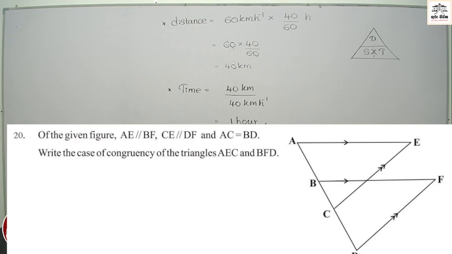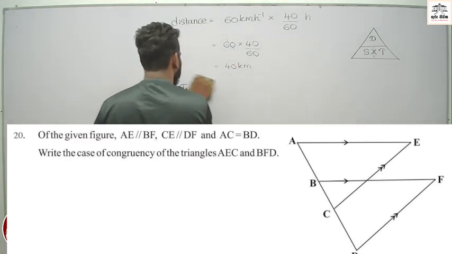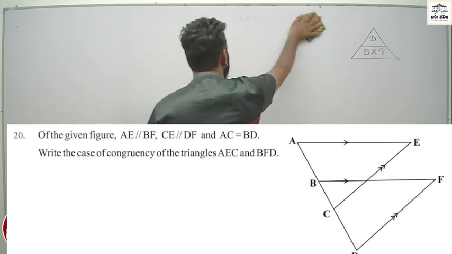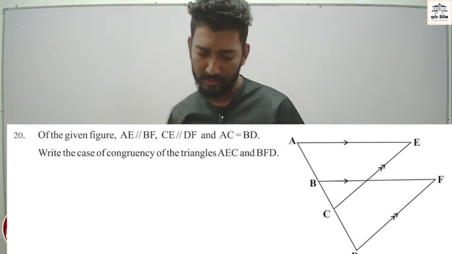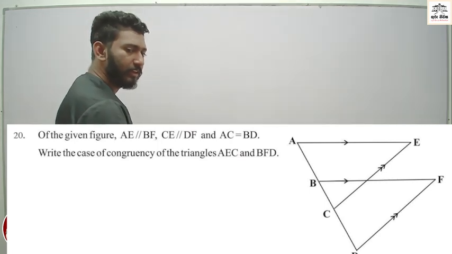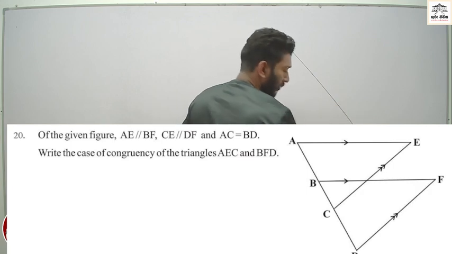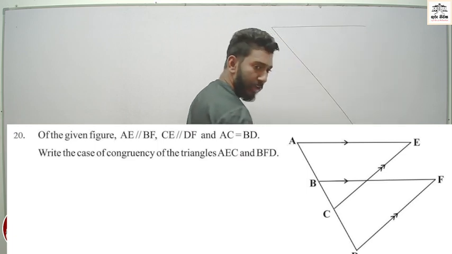Right. Now we're going to discuss. There are 4 congruency cases, right? And you know that. Now I'm going to draw the first figure. This was like this. This is a parallel lines.